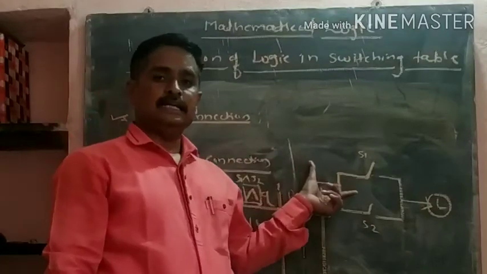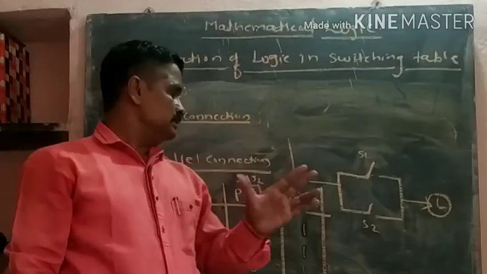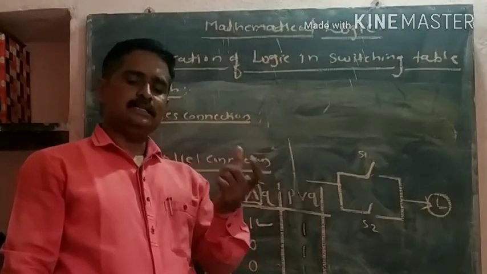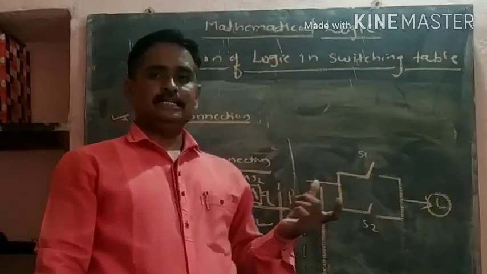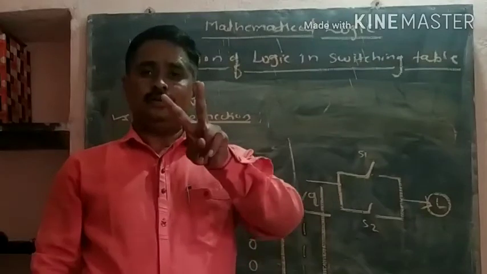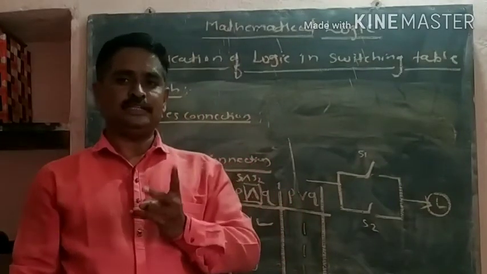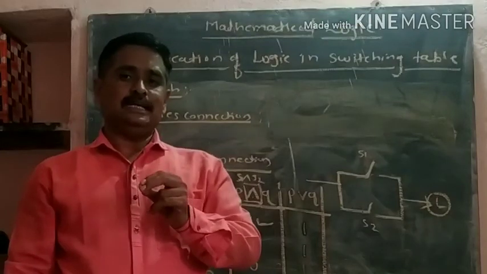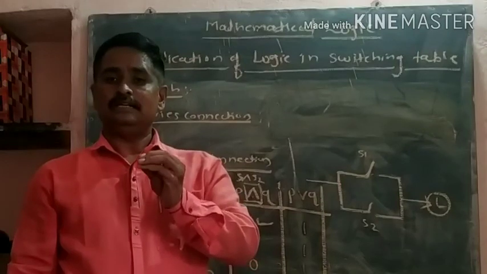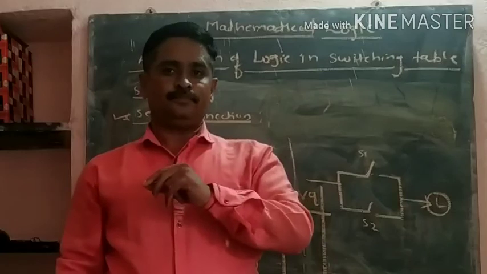Again, in the second case, the parallel connection is like a disjunction, and we have the disjunction table. If we have two switches S1 and S2, there is only one possibility that current does not flow, that means both switches are open.